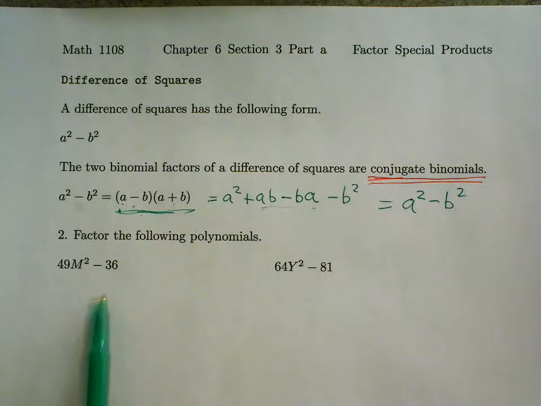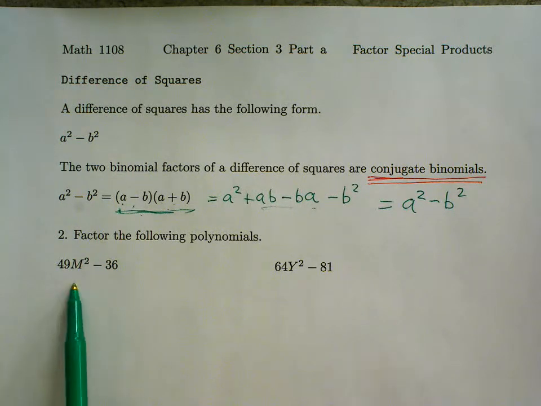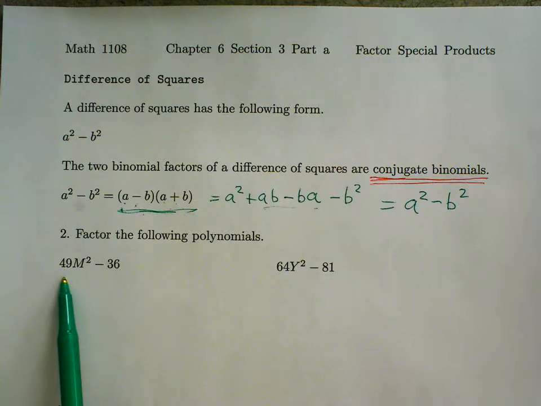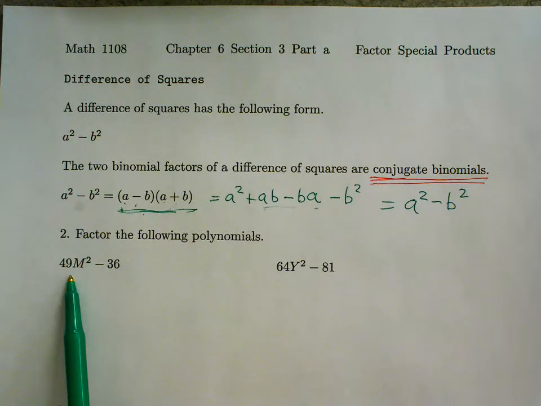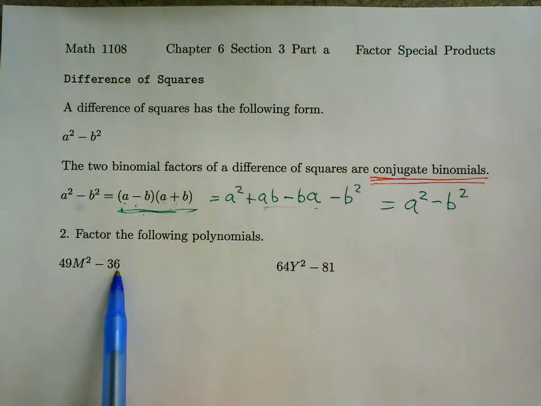Okay, let's factor the following polynomials. So 49m to the second minus 36. Notice that the term on the left is a perfect square. 49m to the second is a perfect square, and 36 is a perfect square, and we're subtracting.